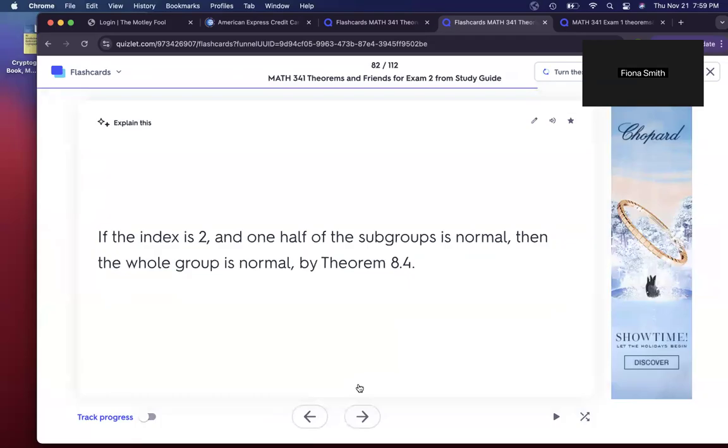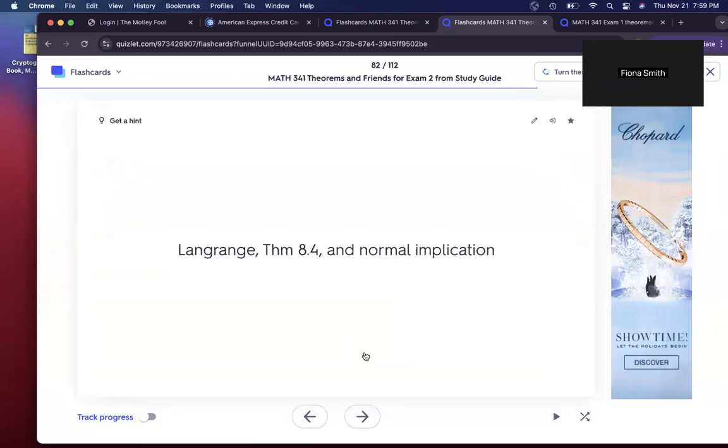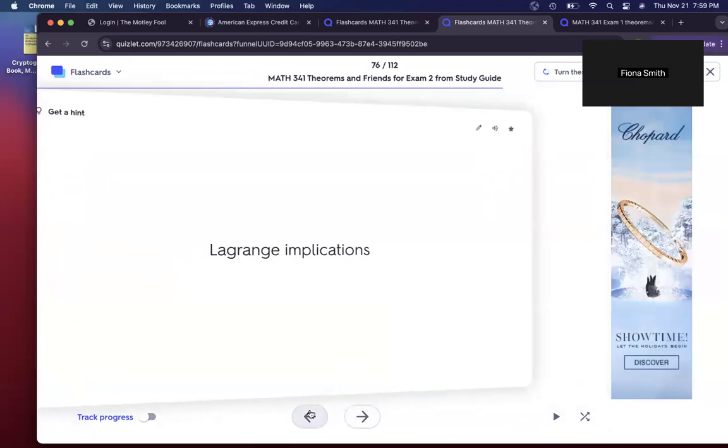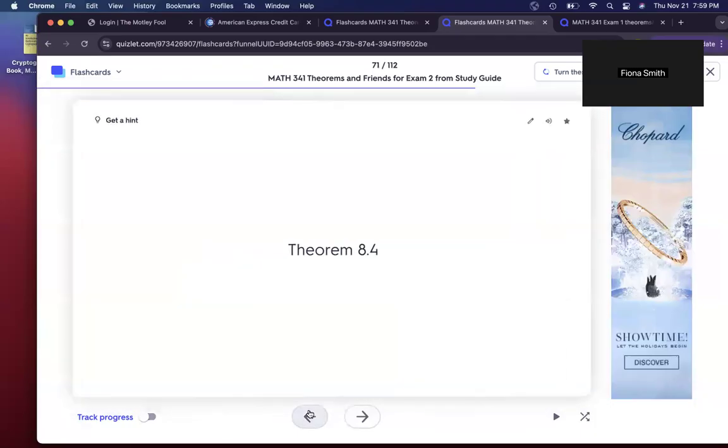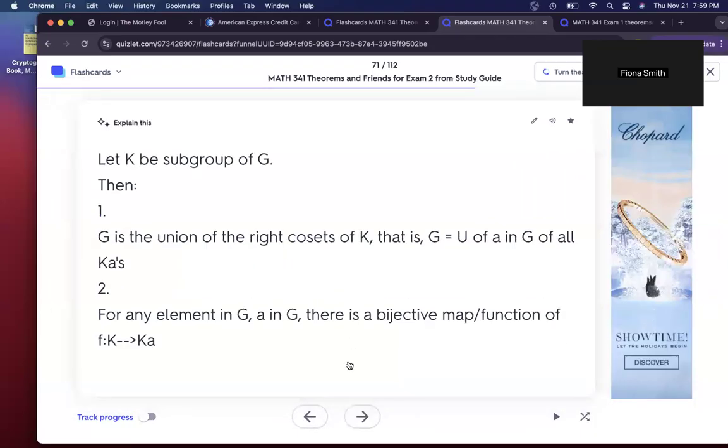So one of the shortcuts we know then, using Lagrange and theorem 8.4, which was this, the union and the bijective mapping.